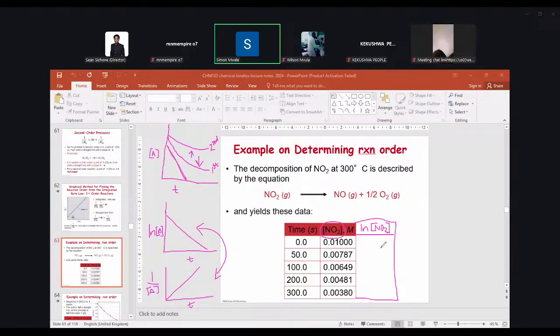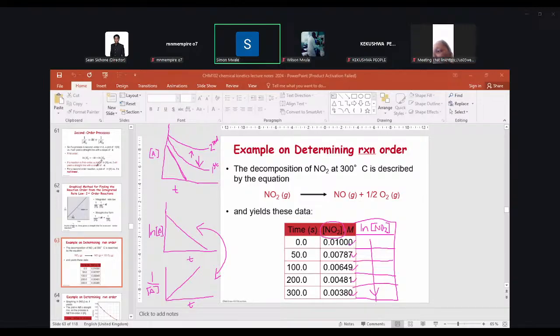Then using our calculators, we can punch in and find values and fill up the table here. So we calculate the natural log of each one of these, natural log of this, natural log of that, natural log of that, and put up the data here. So we are going to do that.